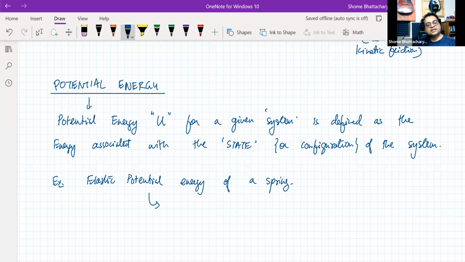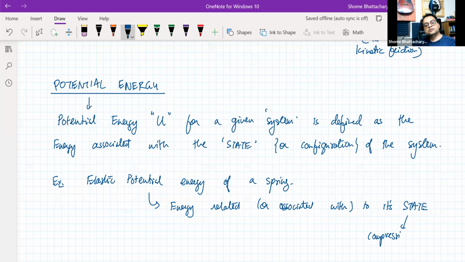It is the energy related or associated with the state, and by the state, we mean the amount of compression or extension.